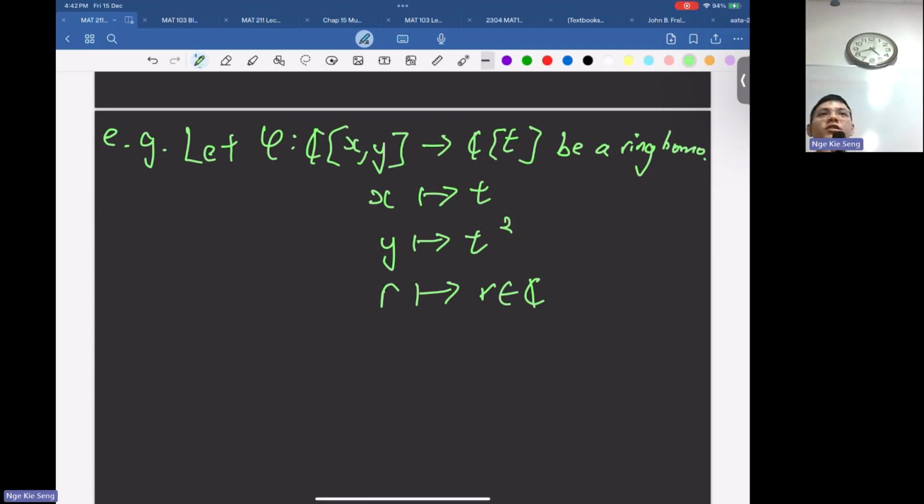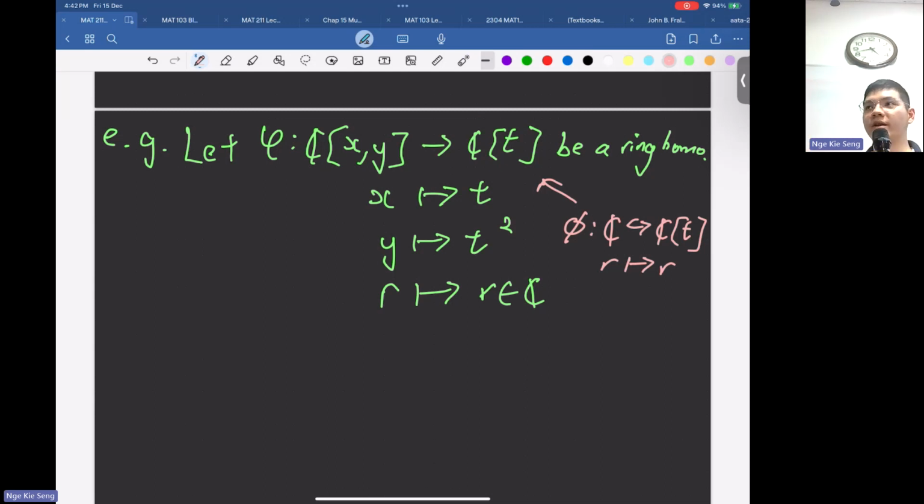Because we usually look at the inclusion. So the inclusion here is rho, so I should write it here. I include my coefficient C into C[t], like this. Usually, if I don't mention, I don't alter the scalar. If I don't mention, it just sits inside C[t]. This is what we call inclusion. Okay, so this map is surjective, right?